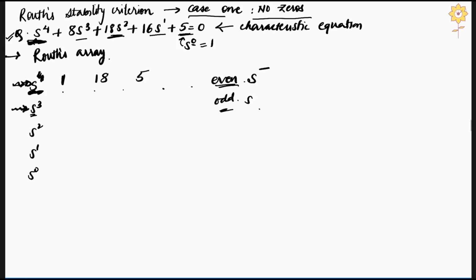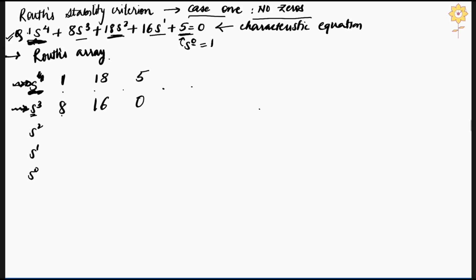Or else you can write it like this also: 1, 18, 5, then 8, 16, and here there is nothing, so you can keep it blank or you can also write 0. Now, you can see 8 is with s raised to 3 which is an odd power, and 16 is with s raised to 1, which is an odd power.